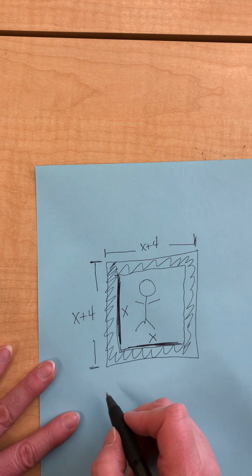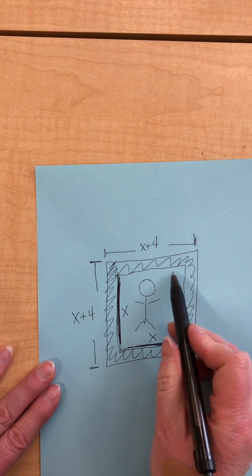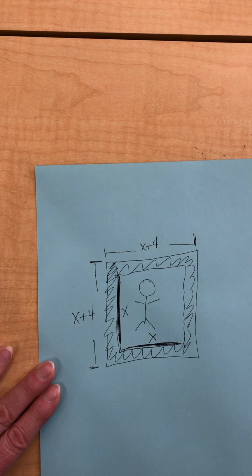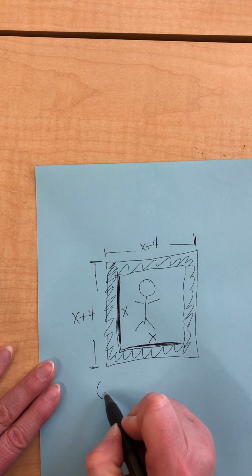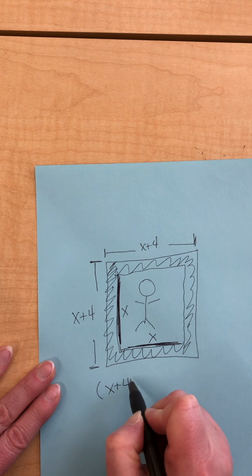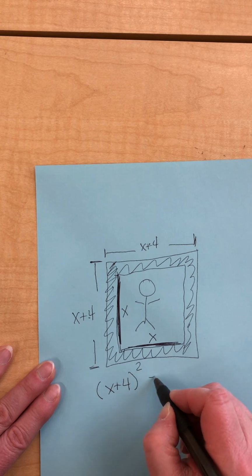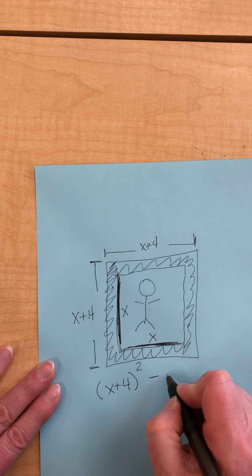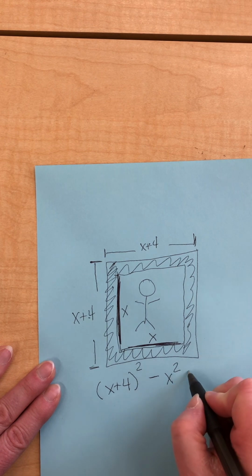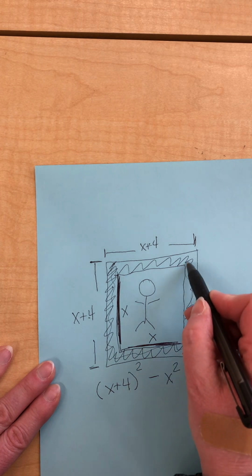In order to find the area of the picture itself, we need to do x plus 4 squared, and subtract the area in here, which is x squared. That gives us the area in between, which they told us was 176.